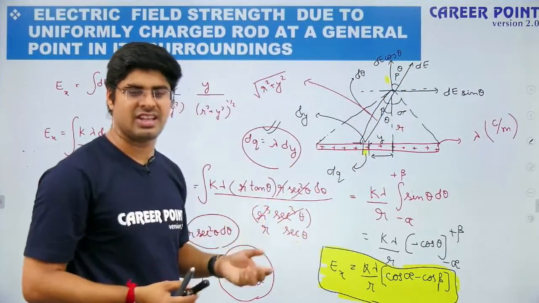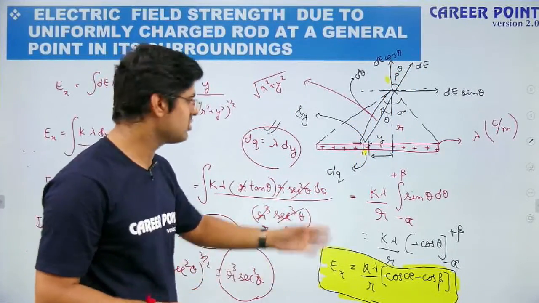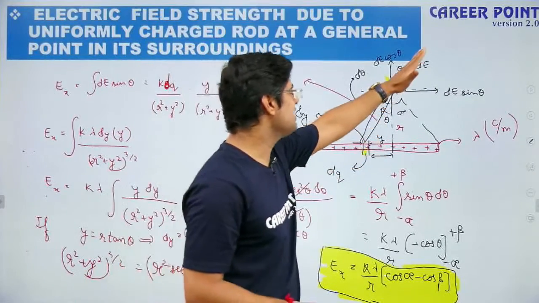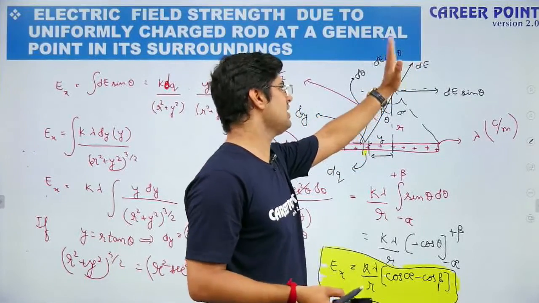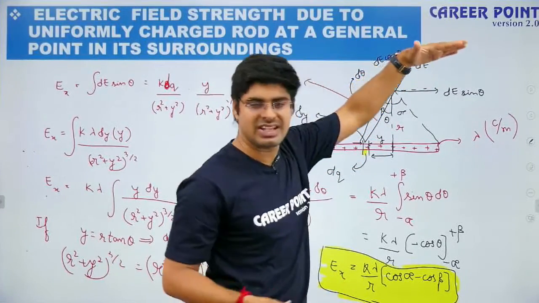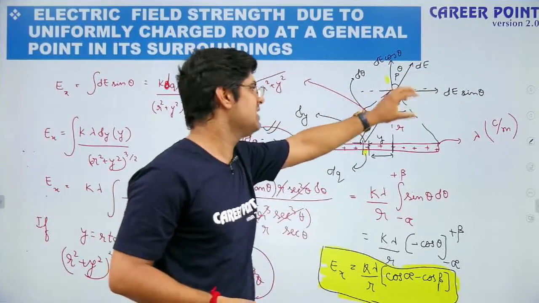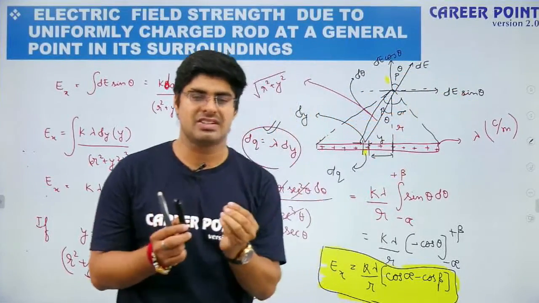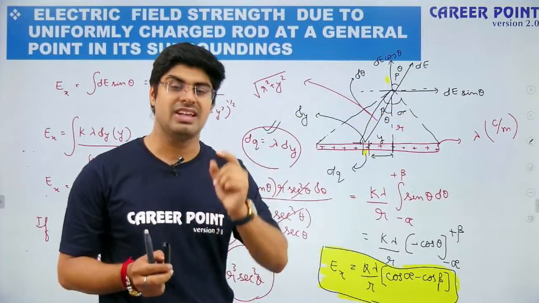That we can write easily, k dq by r square. So that's what I have written. After writing that, I have taken components: dE cos theta, and this component is dE sin theta. Now if I integrate dE sin theta, I will get the net electric field in the horizontal direction, Ex.